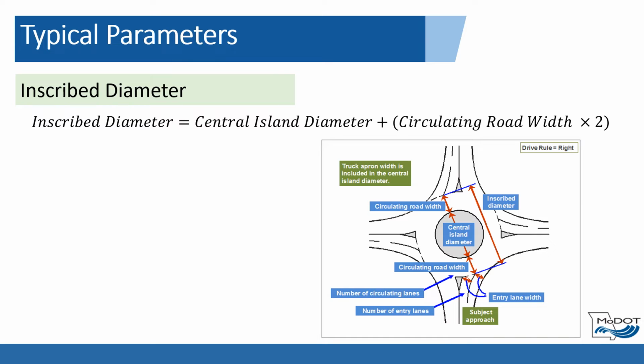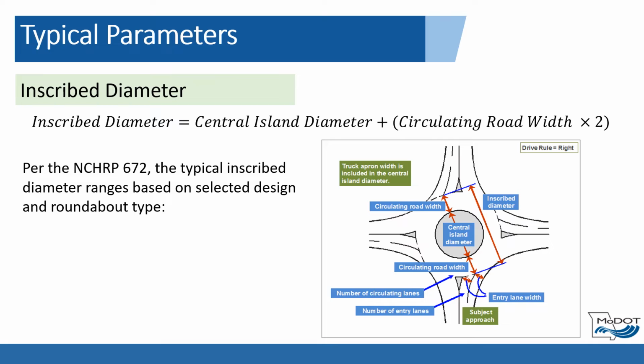The inscribed diameter is equal to the central island diameter plus the circulating road width times 2. This is a user-defined parameter that should be input based on field data and design plans.